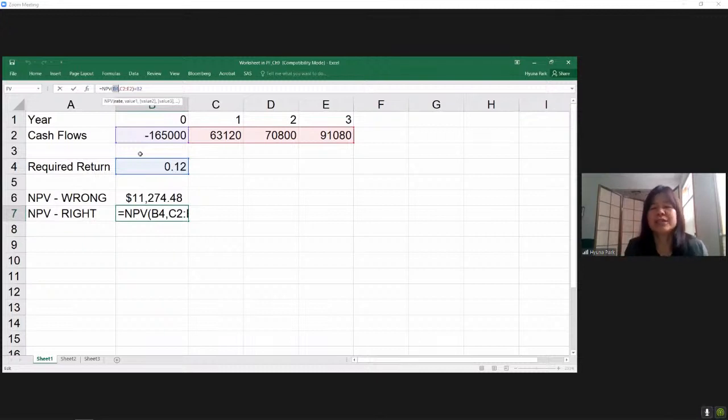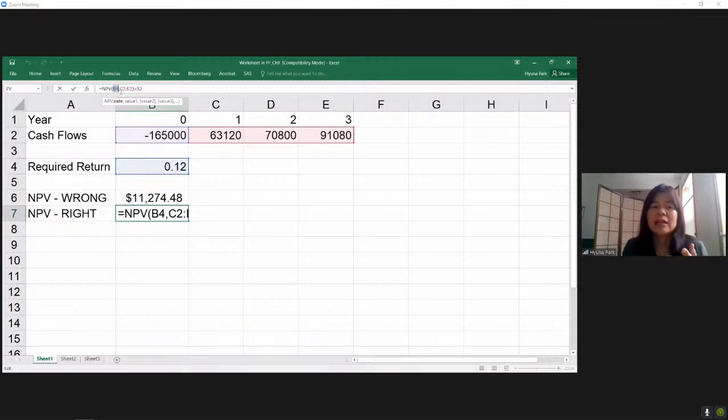So we need the discount rate. The right discount rate for this project is 12%. It's given in the problem set. Excel's NPV function requires that you enter the discount rate in decimal. So 12% is 0.12.